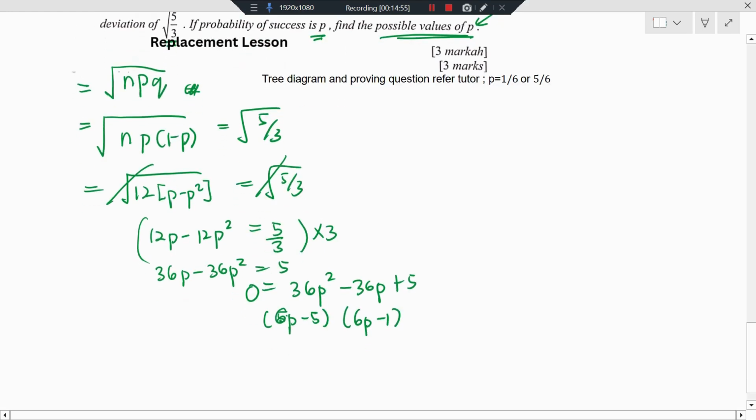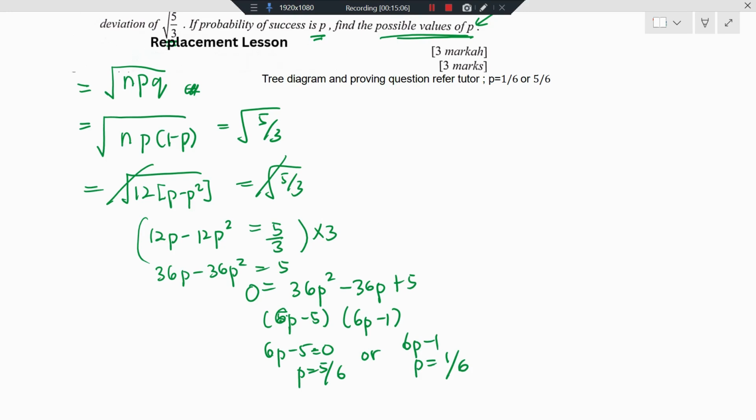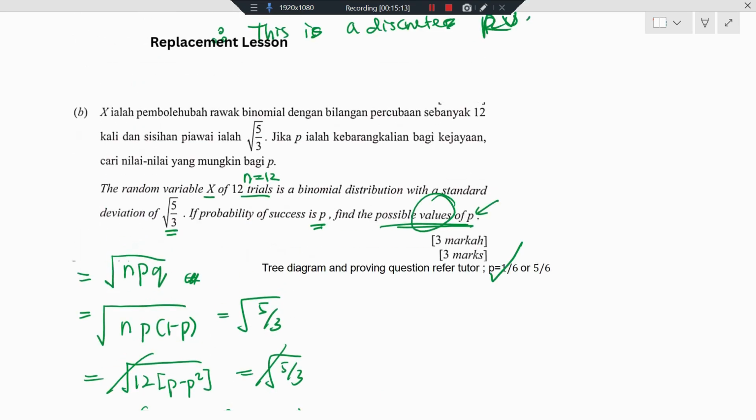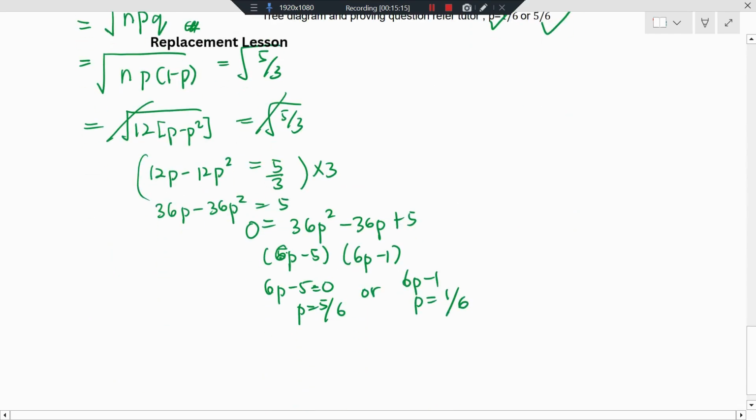So when you solve this, you'll get P equals 5 over 6, or 6P minus 1, P equals 1 over 6. So we got two possible answers here. They're asking possible values, so 1 over 6 and 5 over 6. Both answers.